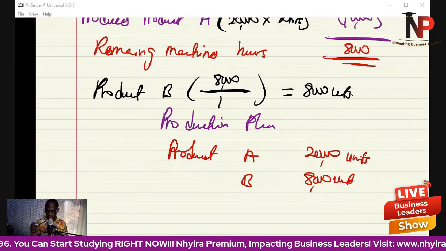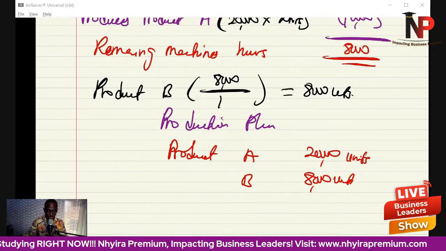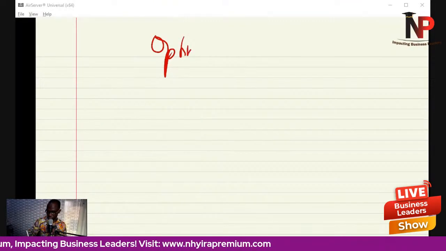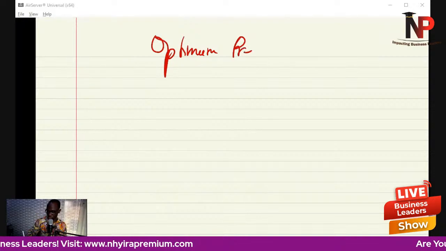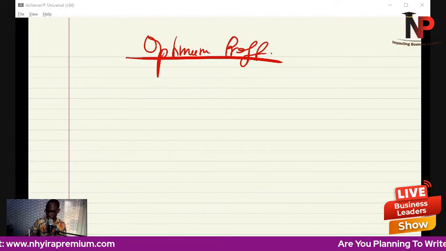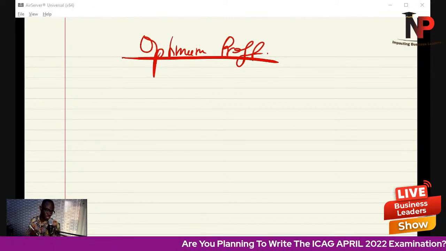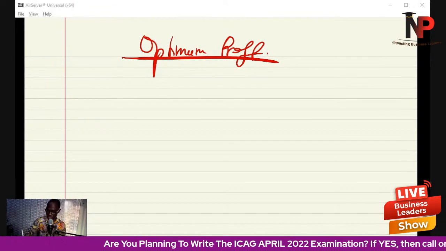So let's determine the profit for this one real quick. So, optimum profit. Now, just like we did in the marginal costing, similar thing will be done here.